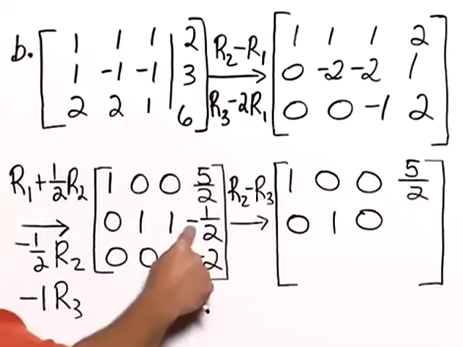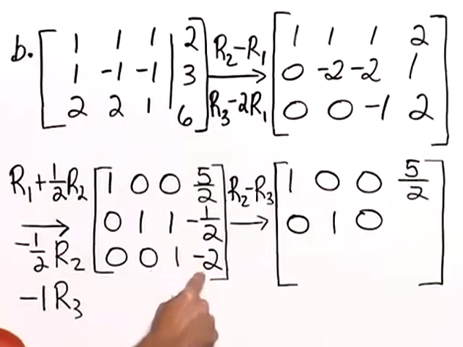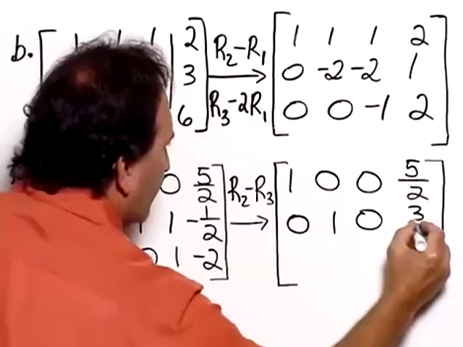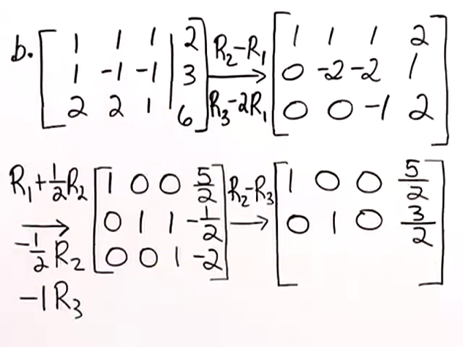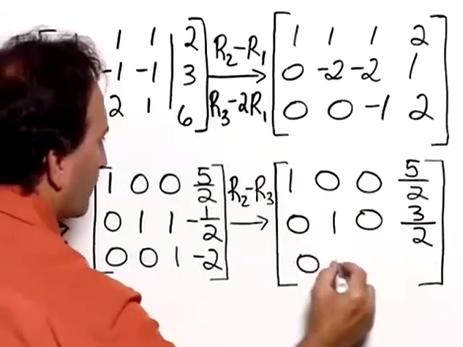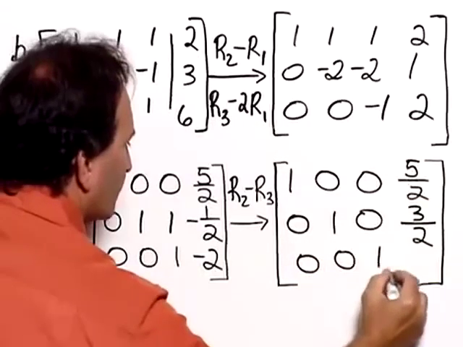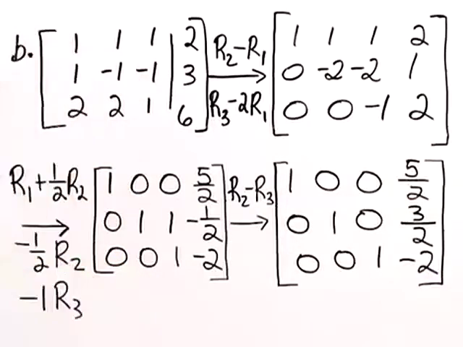Well, negative a half minus a negative 2 is really minus 1/2 plus 2. So it's 2 minus a half, or in other words, 1 1/2. We'll write that as an improper fraction, 3 halves. We don't need to change row 3, so it's 0, 0, 1, and negative 2.